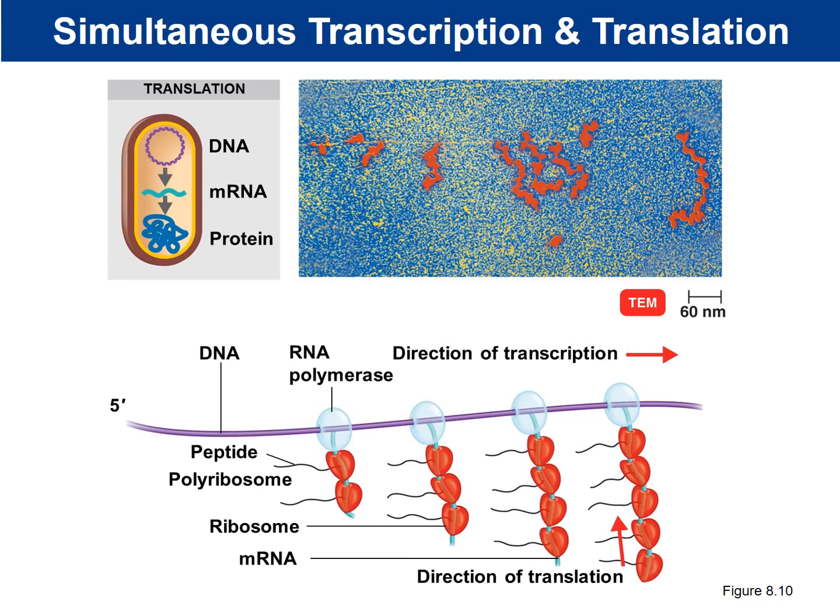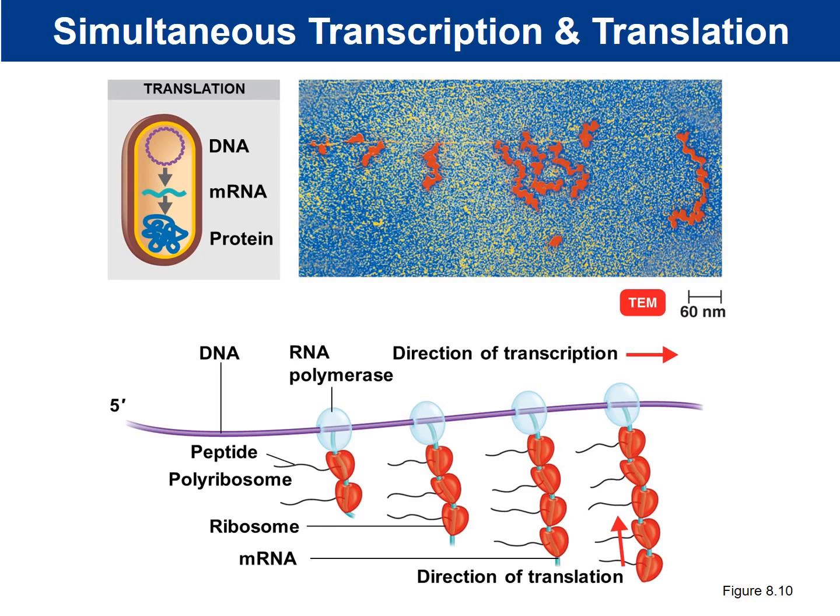Another difference between prokaryotic and eukaryotic cells is how they do transcription and translation. You have to remember that for eukaryotic cells, transcription and translation are spatially separated, meaning that transcription, which remember is where we go from DNA to mRNA, happens in the nucleus, while translation, which is going from mRNA to protein, happens in the cytoplasm where the ribosomes can be found.